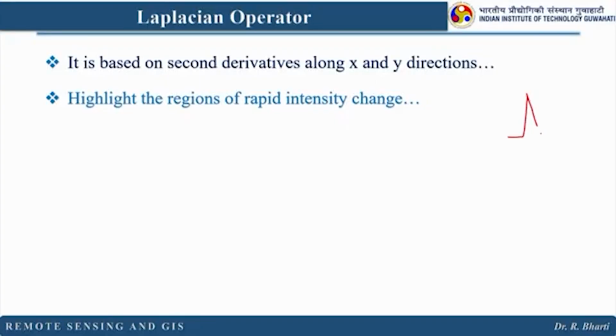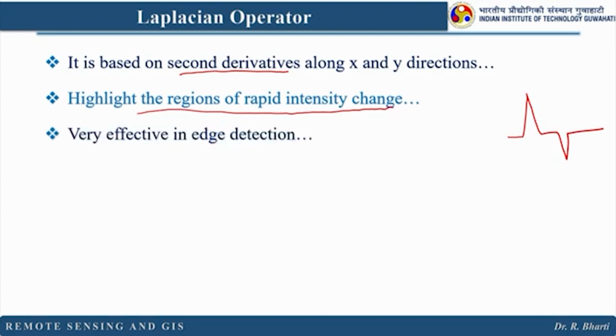Because if you remember previous slides, I have shown you this type of edge, and if you calculate the derivative, this will enhance and the edges will be better. So here in case you are using Laplacian, it is using this second derivative, and because of that it highlights the rapidly changing intensity. Then the third point is it is very effective in edge detection.